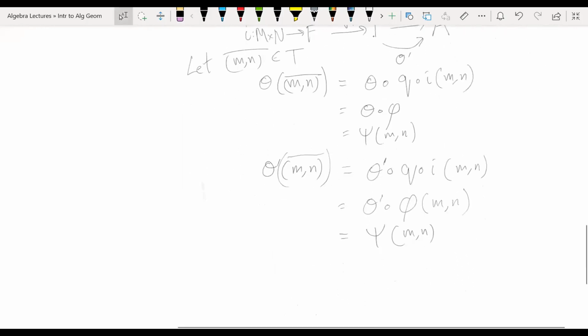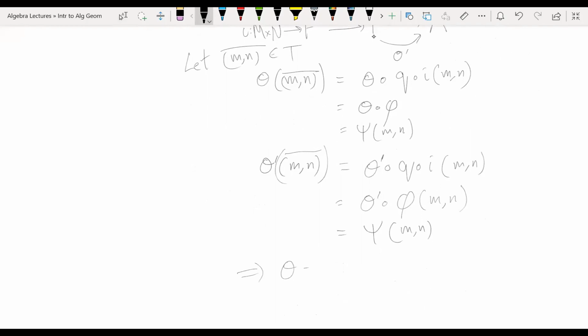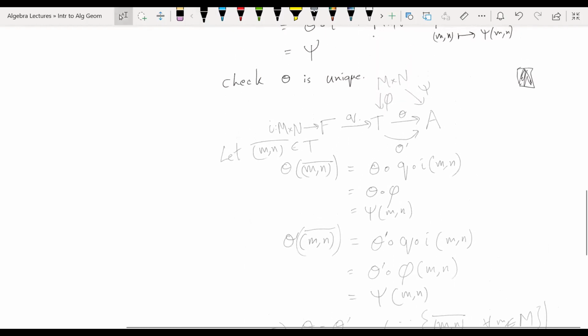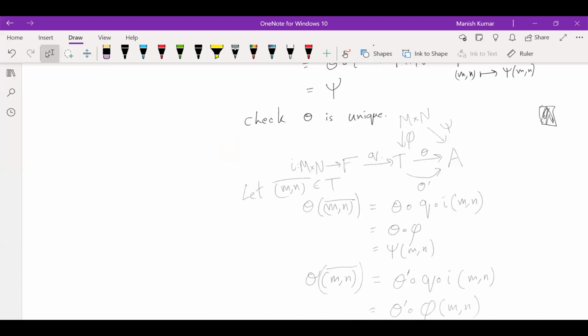So this tells you that theta equals theta prime, since the m n bars, for m in M and n in N, generate T. Okay, so that completes the proof of uniqueness as well. So that says that the tensor product exists and is unique.